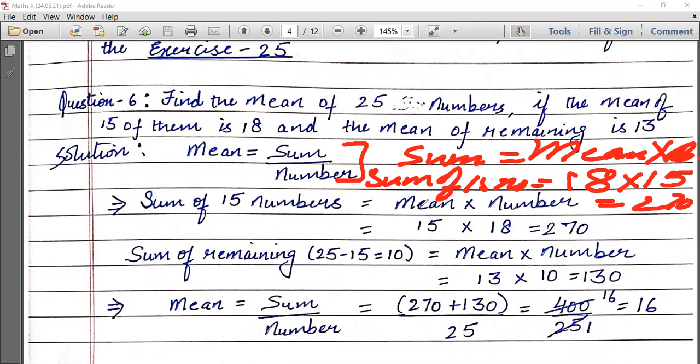Fine. And then the sum of the remaining numbers, that is 10, because 15 we have already taken, so the remaining is 10.